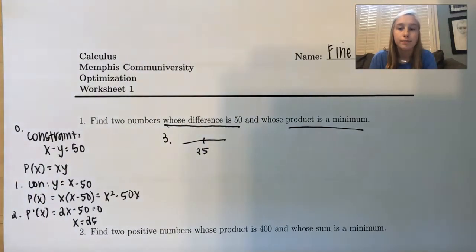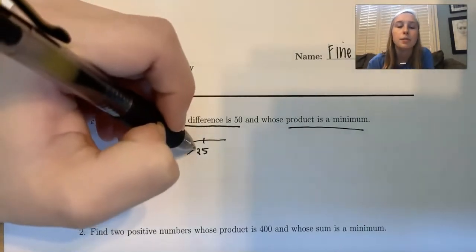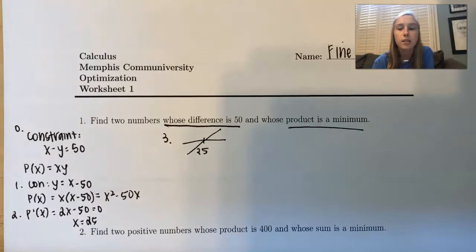And like I said, I'm not going to really delve into sign charts and explanations of all of them, but in this case, I'll give a brief explanation. I said I was going to give a brief explanation, but then I got confused on what the explanation was, but now I understand it, and so I'm going to explain it. So, this p prime of x equation was pretty easy. It's actually a linear equation.